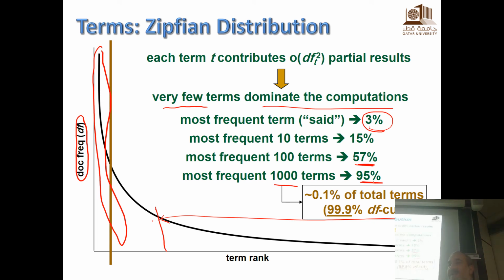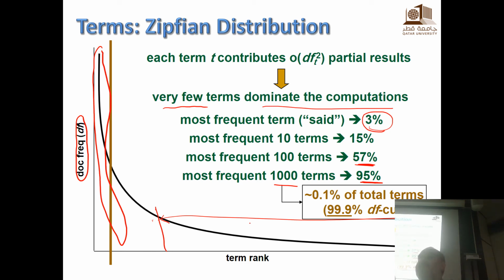Why is that beneficial here? Why do we care about these numbers? First of all, by the way, for that collection, 1,000 terms is not even 1% of the terms, it's 0.1% of the number of terms.